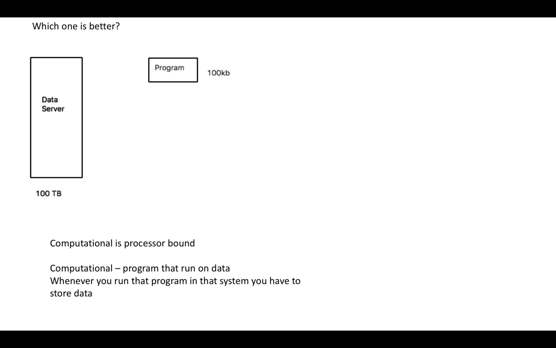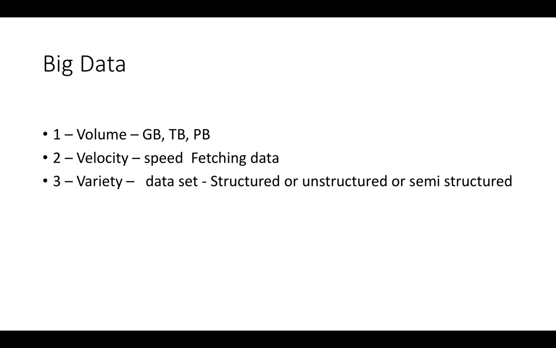Computation means the program that runs on the data, and whenever you run that program on a system, you have to store the data there. This is the only approach we were facing. We have to fetch all the data we want onto our local machine, and only after that can we process the data.